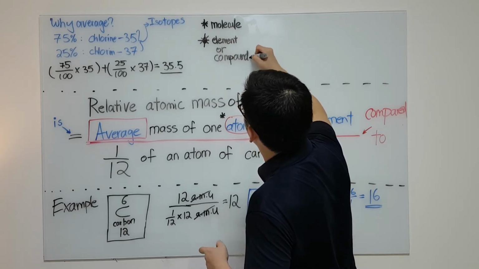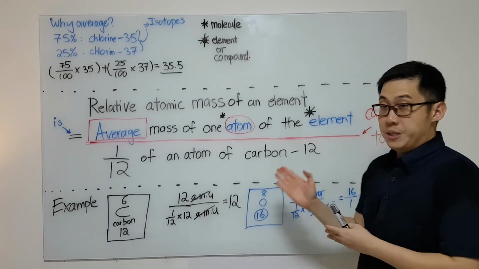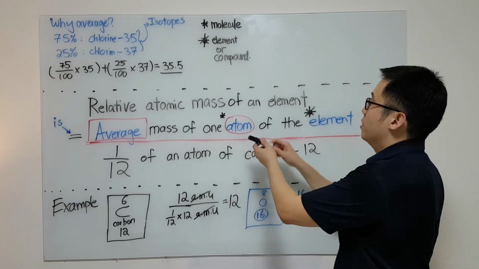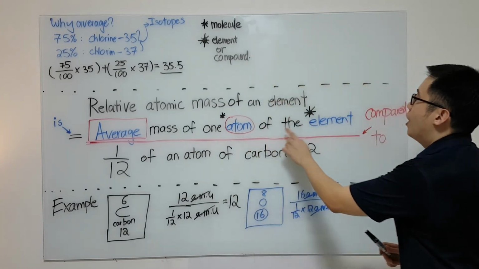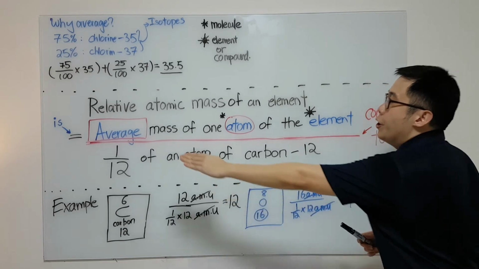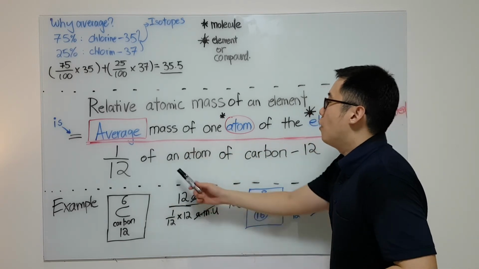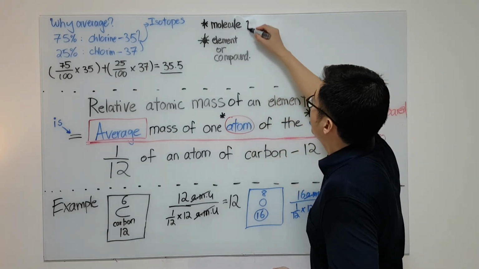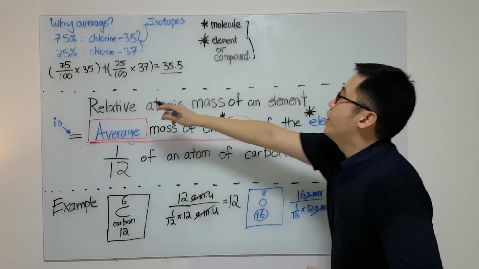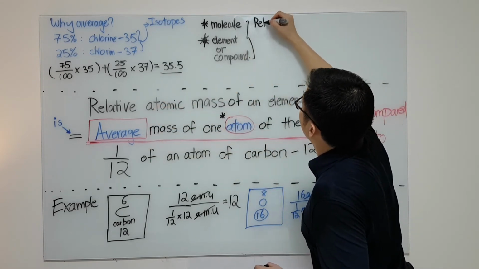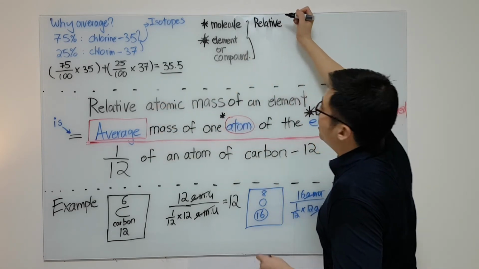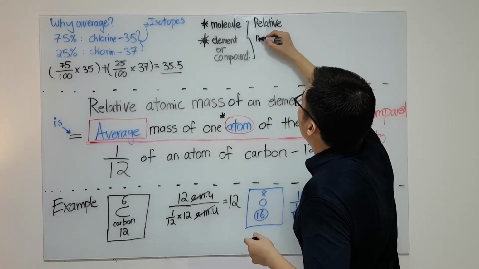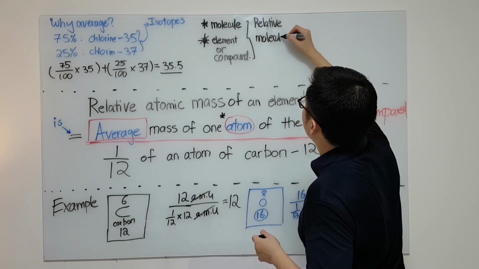You will find that this term now becomes the average mass of one molecule of the compound or element relative to 1/12 of an atom of carbon-12. If that is the case, when these words are replaced, instead of calling it the relative atomic mass, this now becomes the relative molecular mass.